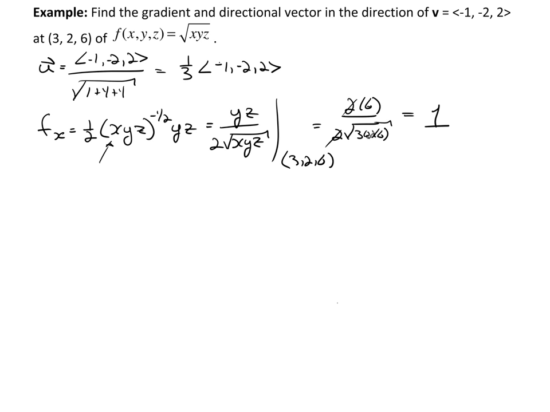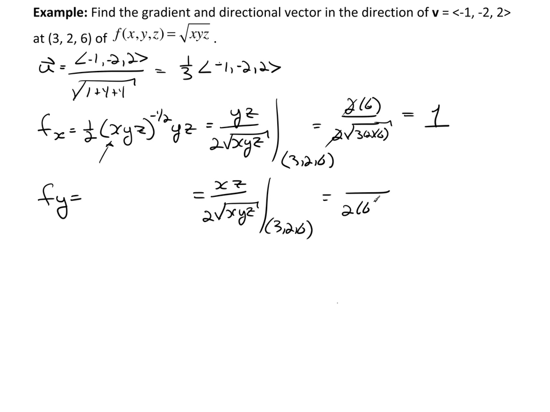So this is simply going to be xz over 2 times the square root of xyz evaluated at 3, 2, 6. So I know my denominator is going to be 2 times 6 every time, and x times z is 3 times 6. So it's going to cancel, and obviously this is just 3/2.